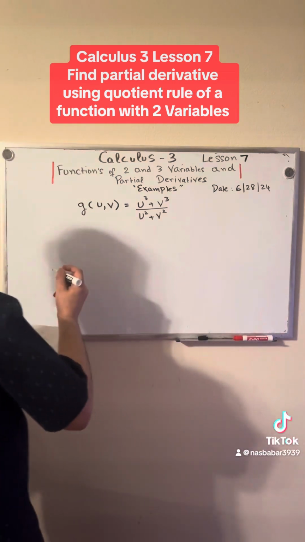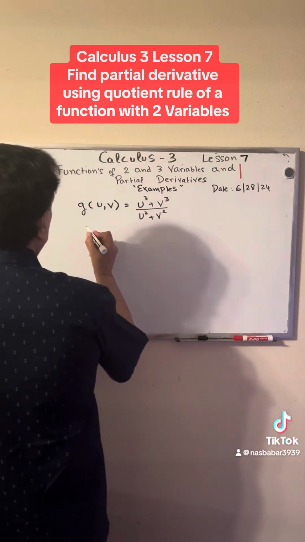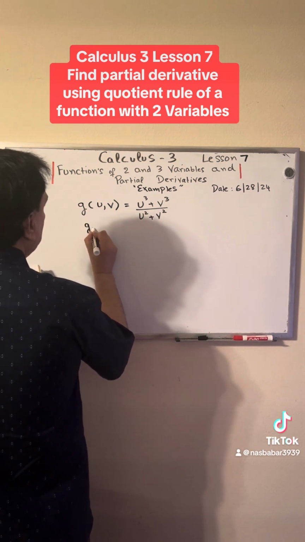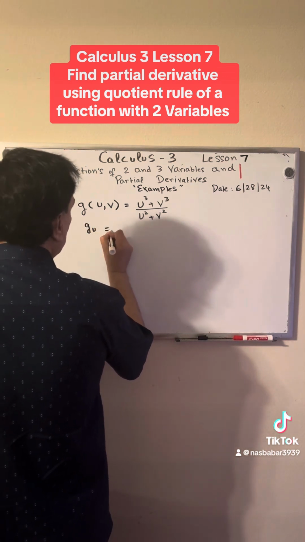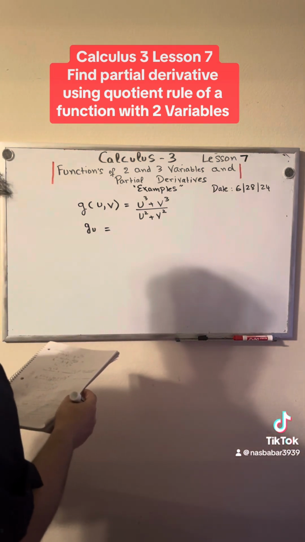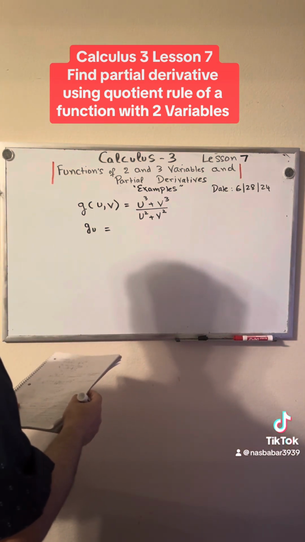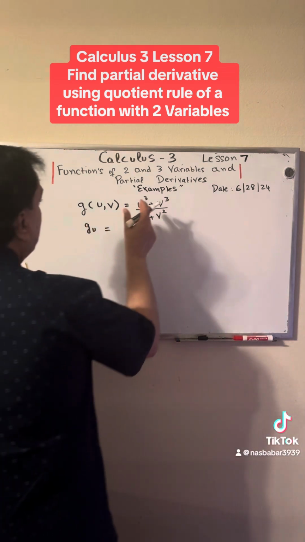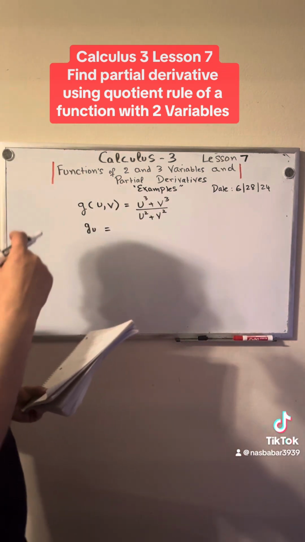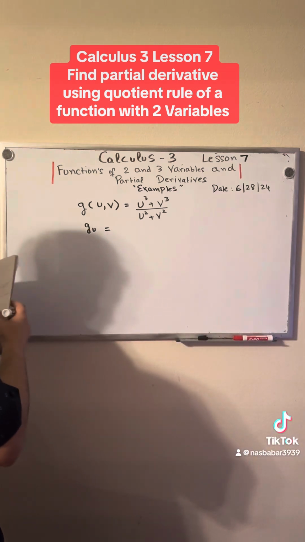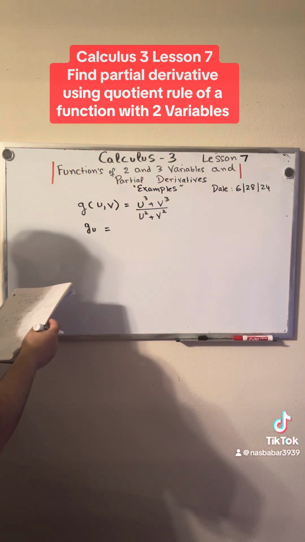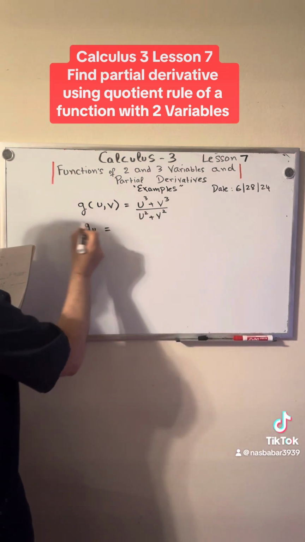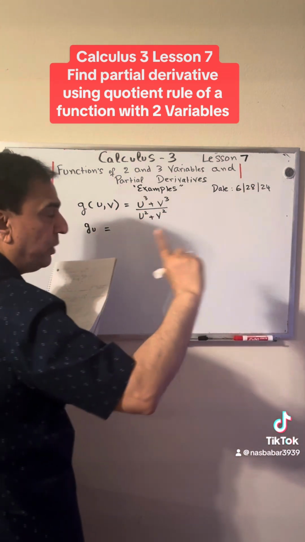Now, if I take the derivative with respect to u, g subscript u is equal to, what does the quotient rule say? Quotient rule says you have to take the derivative of the top multiplied by the bottom. So the derivative of the top with respect to u, v is constant, so don't worry about that.